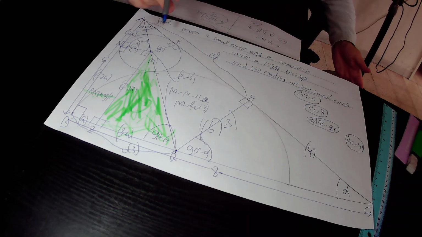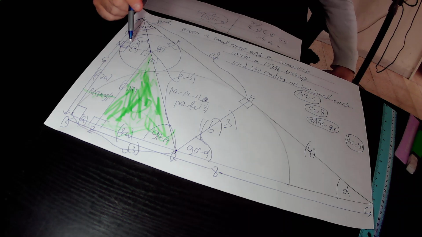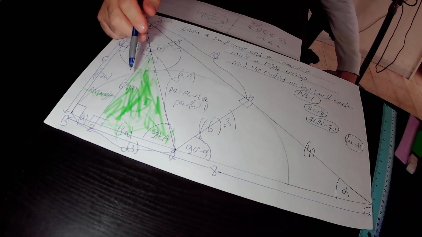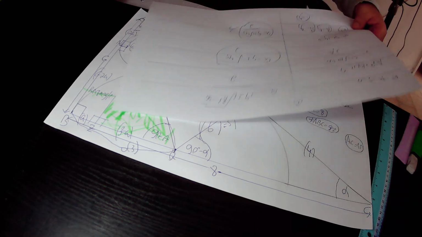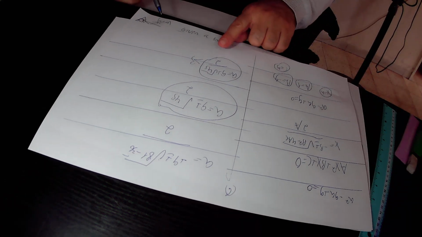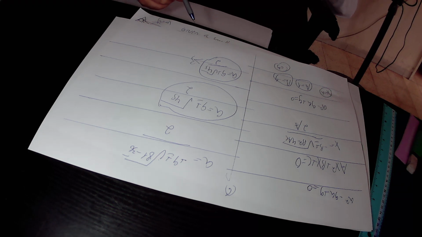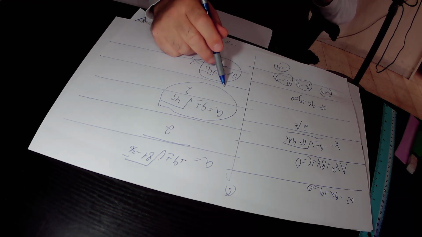And the big semicircle is definitely bigger than the small circle. And therefore, the radius of this big semicircle, that is 3, must be greater than the radius of this small circle. Or in other words, the radius of this small circle must be less than 3 units. So the solution that the radius of the small circle is greater than 3 is the incorrect solution, because the radius must be less than 3.